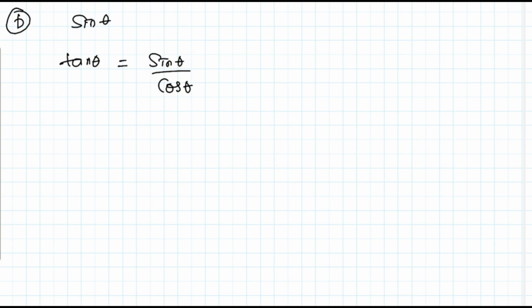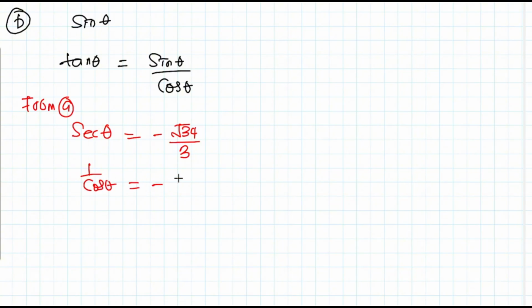From what we just simplified in a, we have sec theta equals minus root 34 over 3. So 1 over cos theta equals minus root 34 over 3.